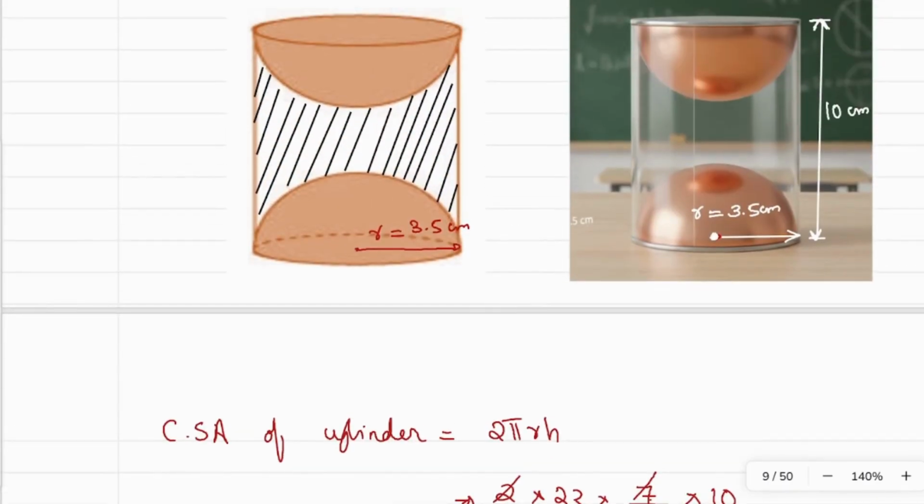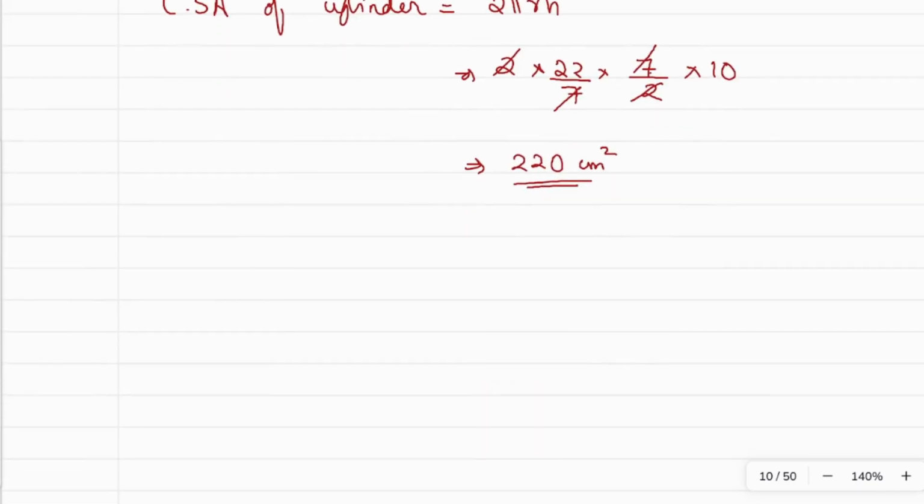Now we have to find the area of the hemisphere, that is the cavity, the groove inside. That area we have to find first. Therefore, the inner surface area of the hemispherical cavity.